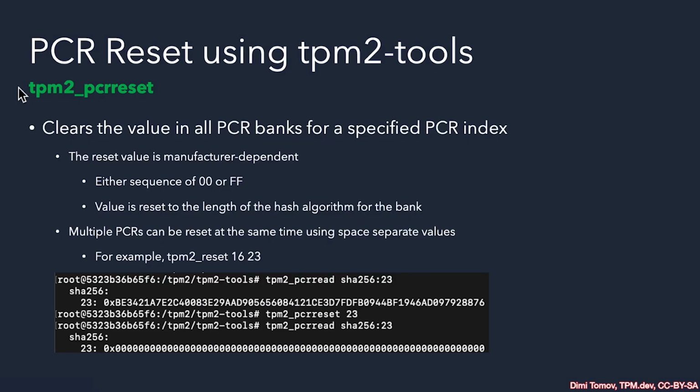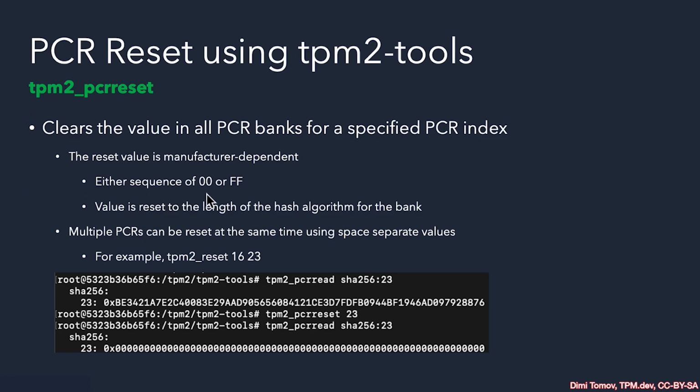This is the last of the core PCR operations, the reset operation, the one we use to clear the content of a PCR. And remember, there are strict rules when this operation can succeed. Here we're going to use PCRs 16, the debug PCR register, and 23, the application PCR register, to demonstrate.